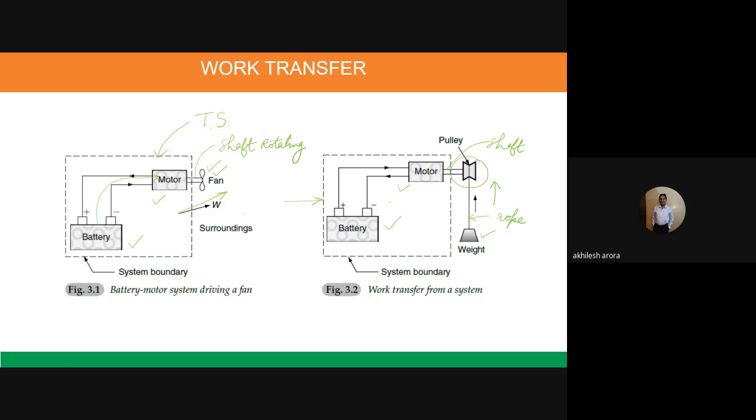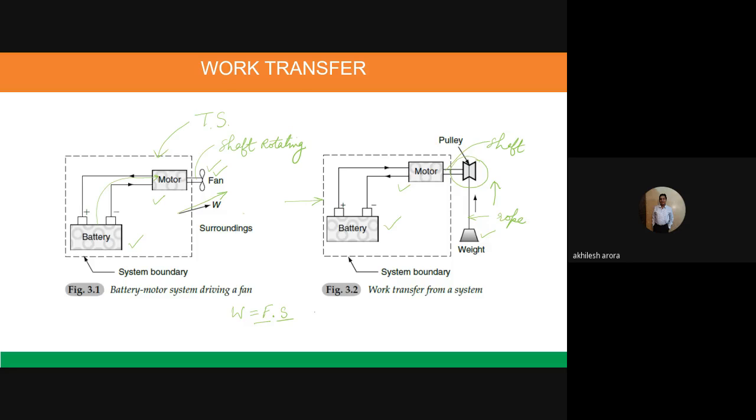In your school classes, you must have studied that work is given by W = F · S, where F is the force and S is the displacement. So it is the dot product of force and displacement.